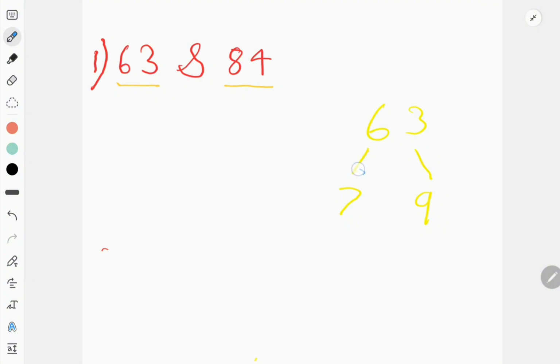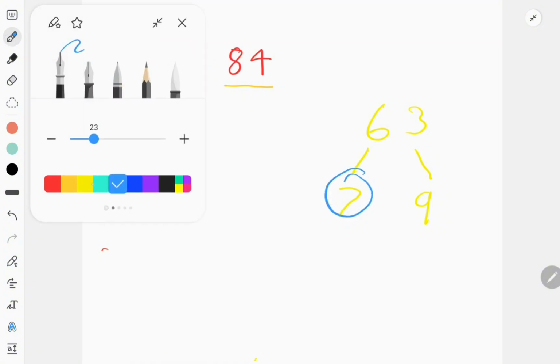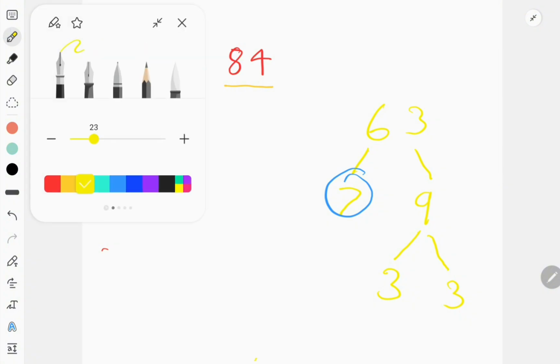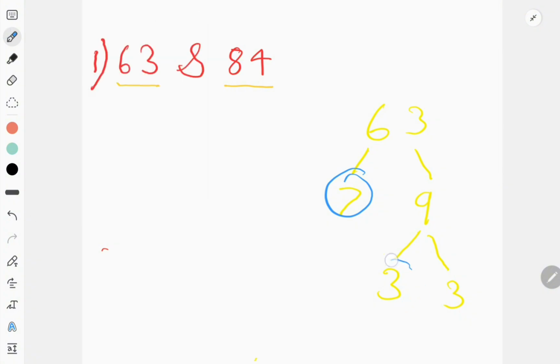Now 7 is prime, so we are done there. 9 we can break down. 3 times 3 equals 9, so 3 is a factor of 9. 3 is prime, so we are done there and there. And that's the prime factorization of 63. We can't break that down any further.